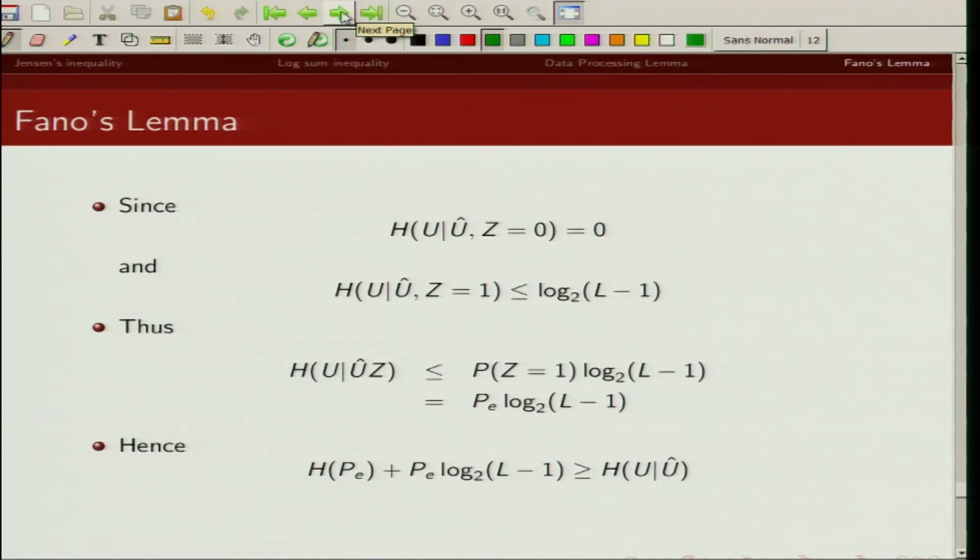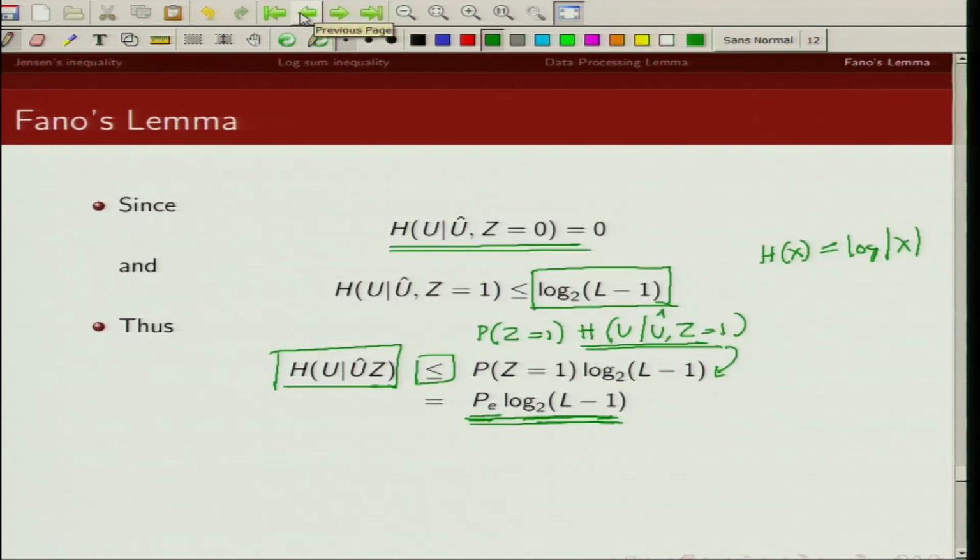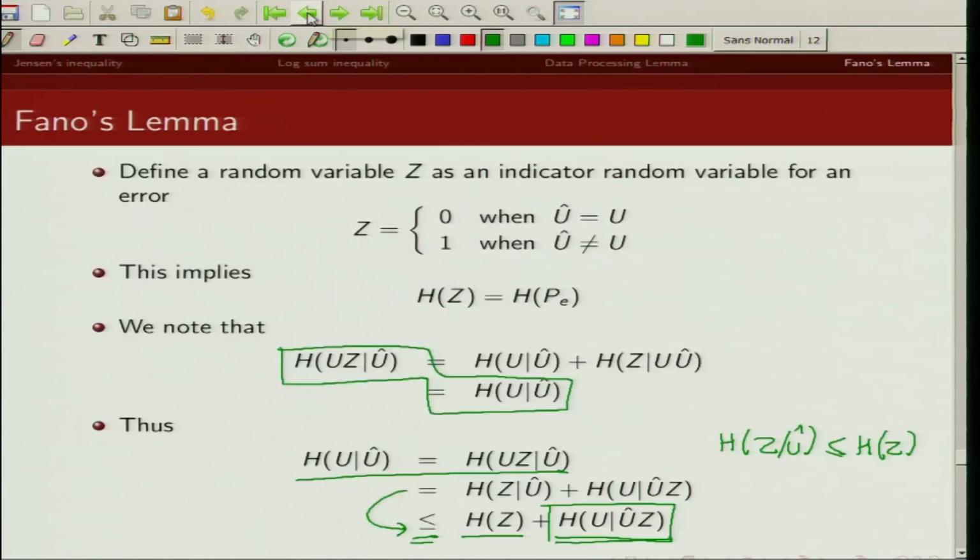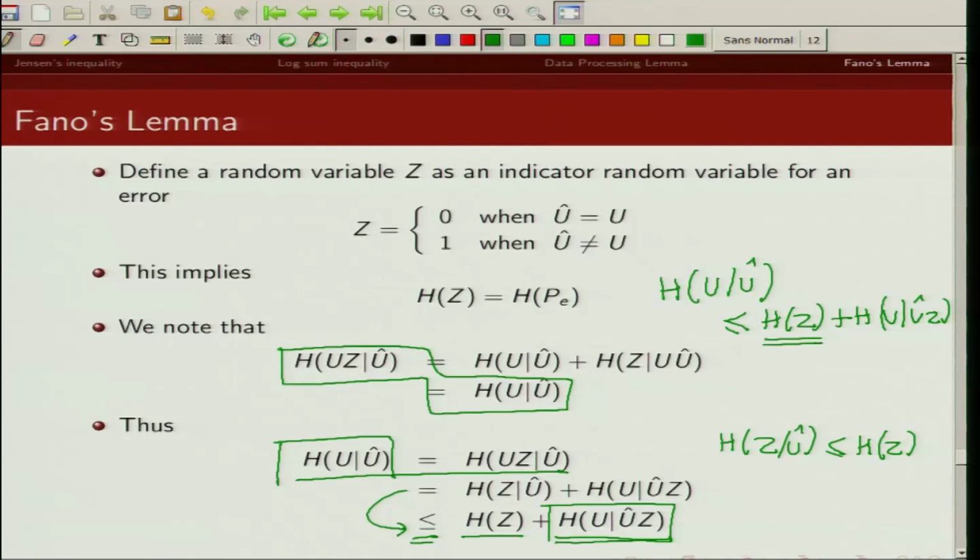So again, let me just go back. We had this expression, right? H of U given U hat is less than or equal to H of Z plus H of U given U hat and Z. We have shown H of Z is given by H of p, and we showed that this quantity is upper bounded by p log of L minus 1.